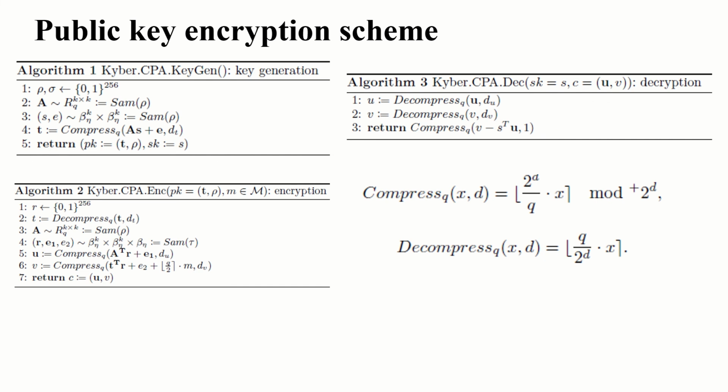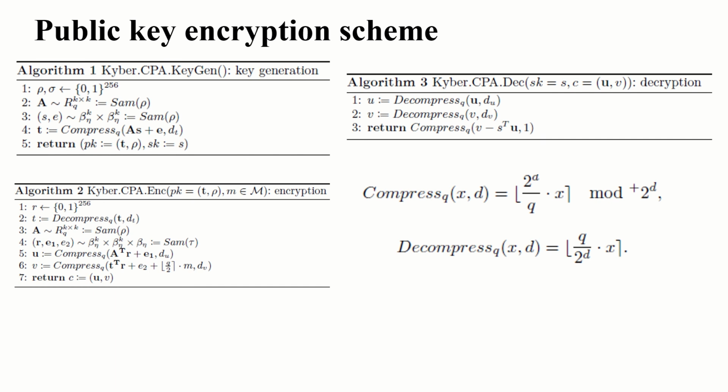More precisely, in the encryption procedure, the decompress_q function is used to create error tolerance gaps by sending the message bit 0 to 0 and 1 to rounding q divided by 2.